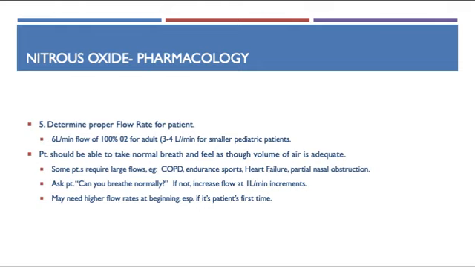Now, some patients require large flows, and those are patients that maybe have heart failure or partial nasal obstruction, and you can go up. Make sure that you talk to your attending in the clinic and get some guidance on how high to go, but typically we want to leave it at about 6 liters per minute.